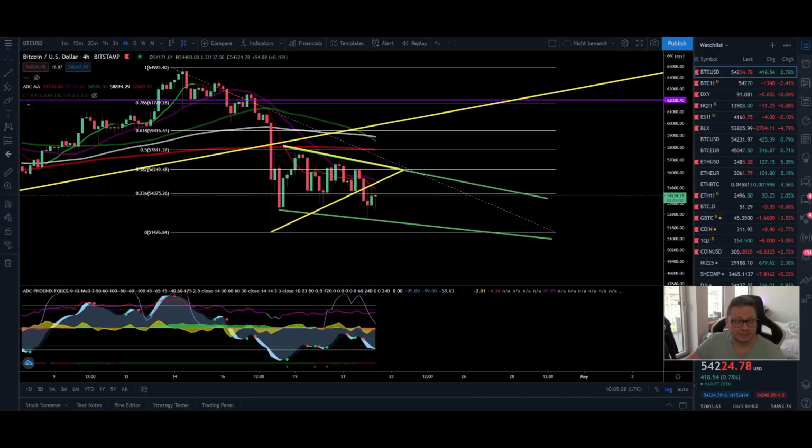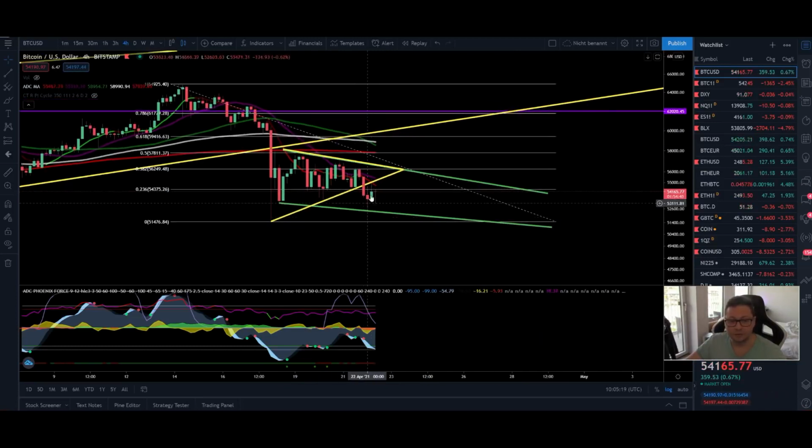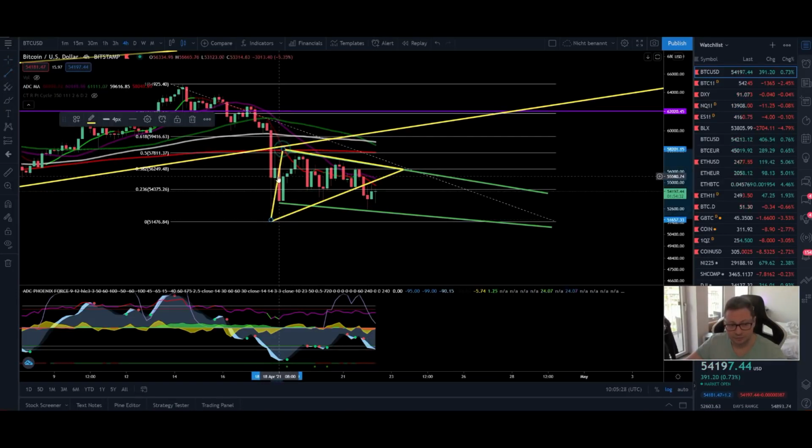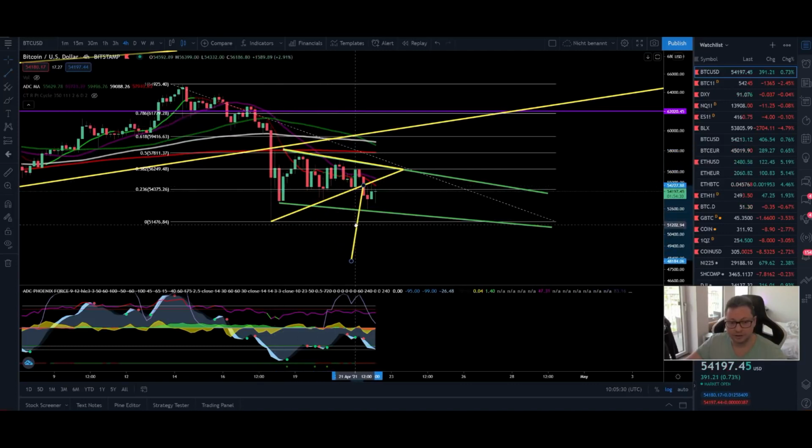So now my friends, let's start first with the Bitcoin in the lower time frame, like here the 4 hour, because as you can see in the last couple of hours we had a breakout to the downside from this symmetrical triangle. So what we are doing now is a measurement from this triangle and the potential breakout target where we could be heading next.